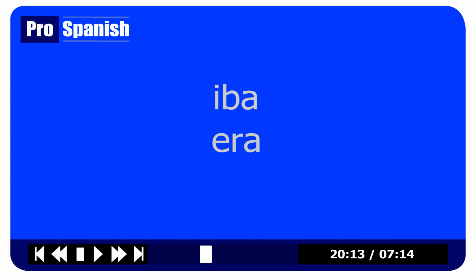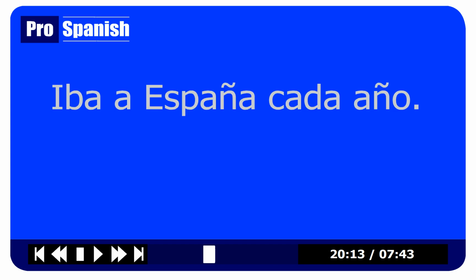And for era, because it's spelt E-R-A, we try and remember it by thinking about it: used to be, an era in the past, era. So we would say something like for iba, I used to go to Spain every year. Iba a España cada año, o todos los años. Iba a España, I used to go.